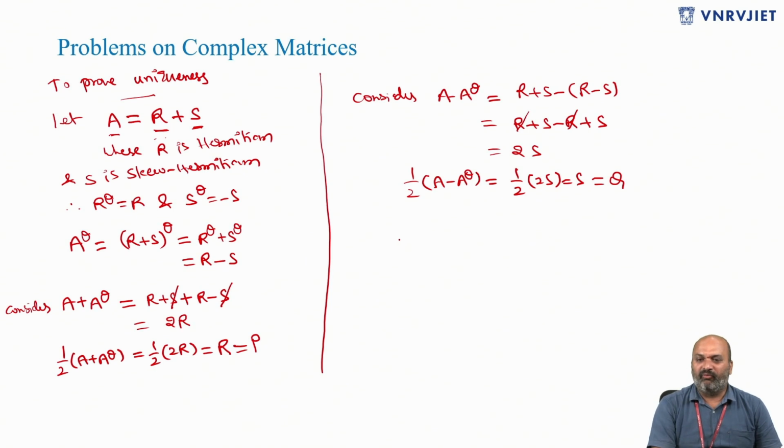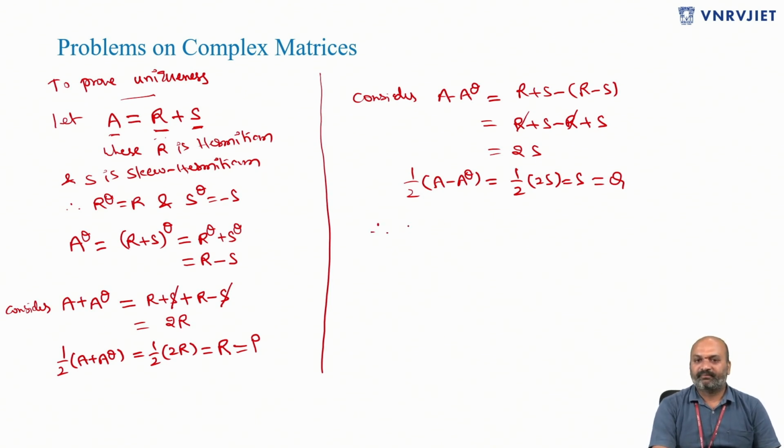That means we considered that A can be expressed as a sum of a Hermitian and a skew Hermitian matrix in a different way, as R plus S. But finally we proved that R and S are the same as P and Q. That means there does not exist any other representation of A as R plus S, where R is P and S is Q only. Therefore, this is unique.